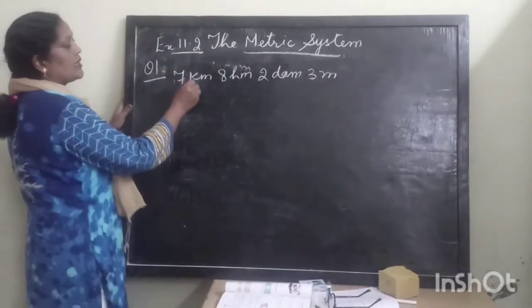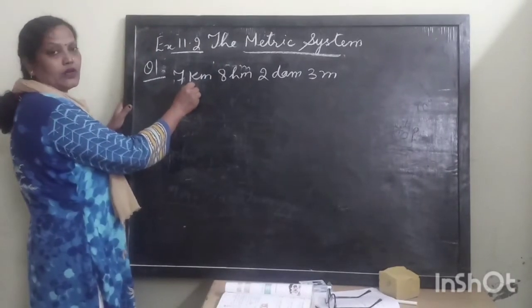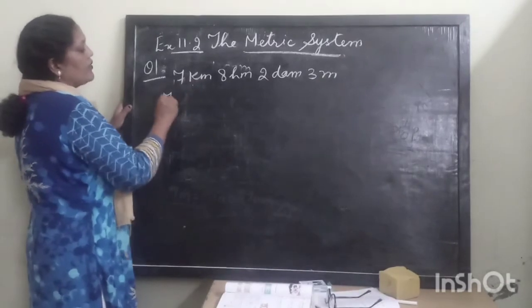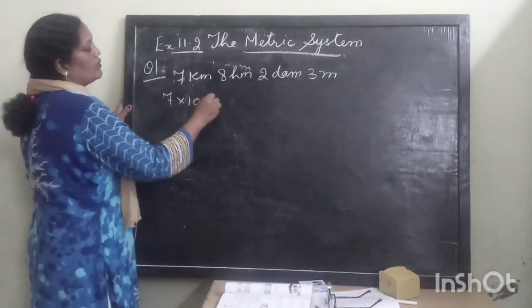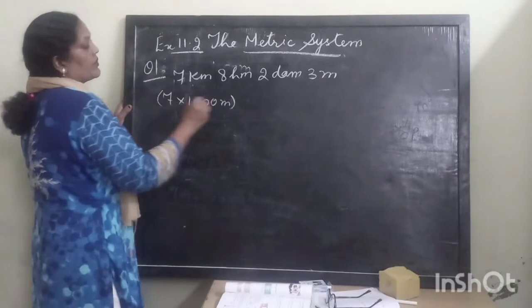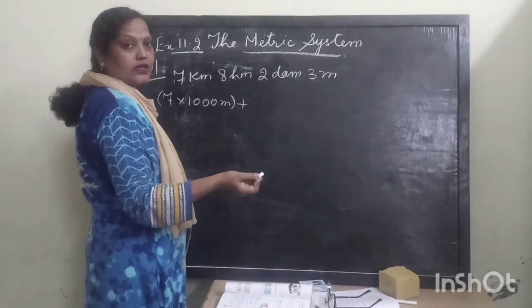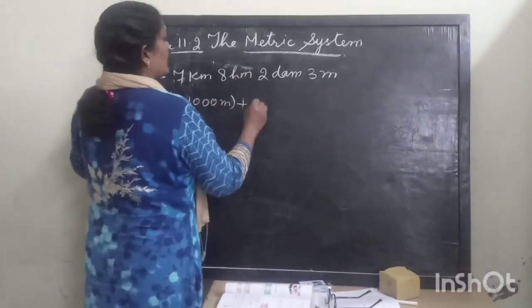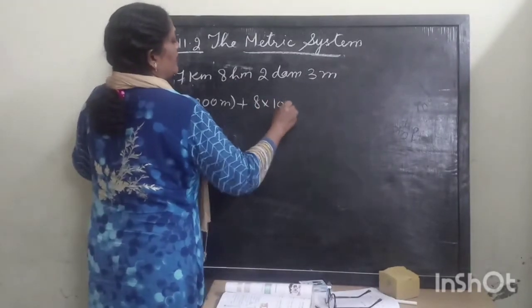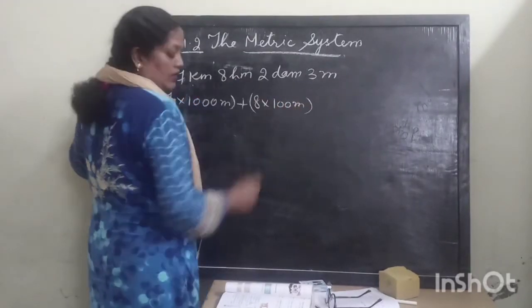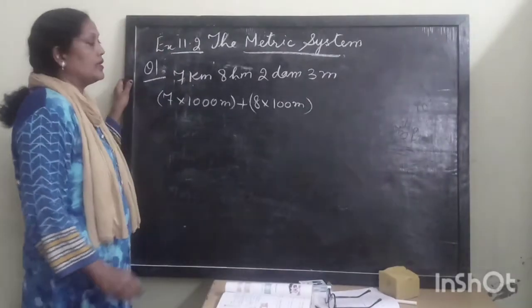First of all, see students, you know 1 kilometer equal to 1000 meters. So 7 kilometer will be 7 into 1000 meters, plus hectometer. 1 hectometer is 100 meters, so 8 multiplied by 100. They have told you to convert into meters.